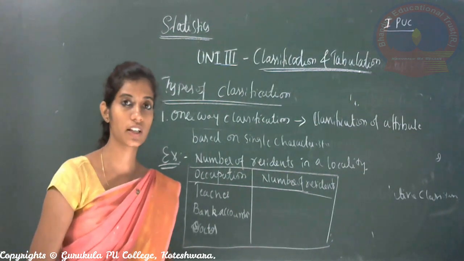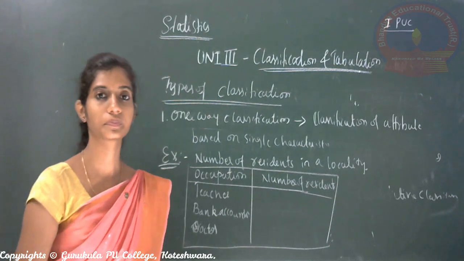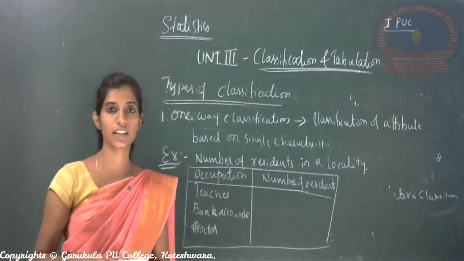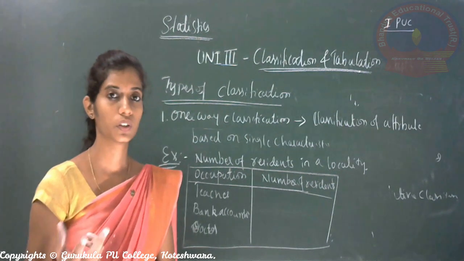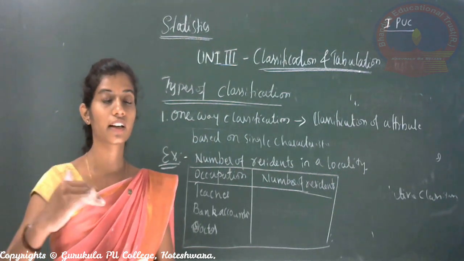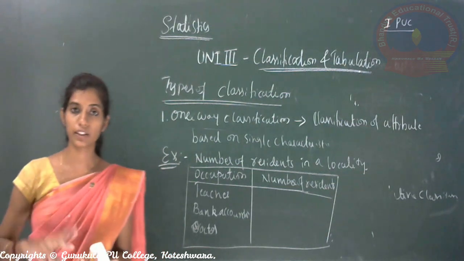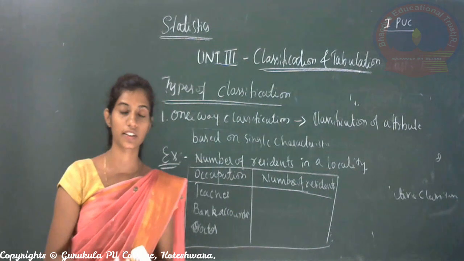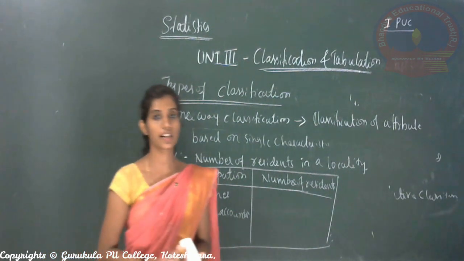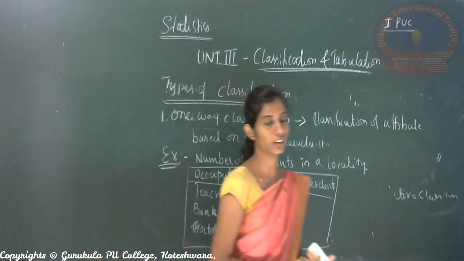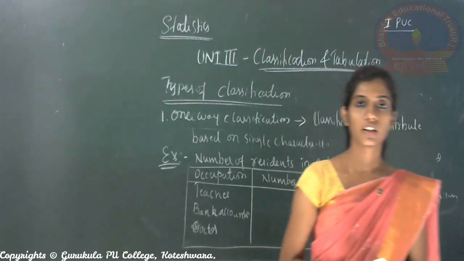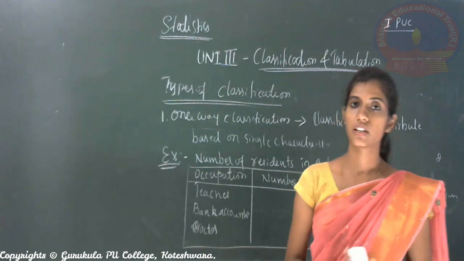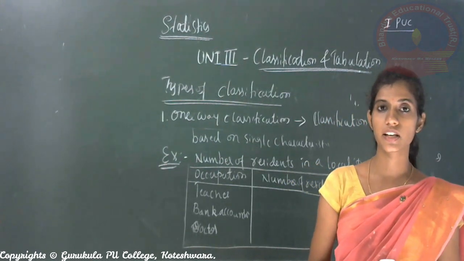And next are dichotomous and contingency table. Dichotomous means two: depending upon one characteristic we are dividing into two. Such classification is known as dichotomous. So in today's class we have discussed different types of classification.